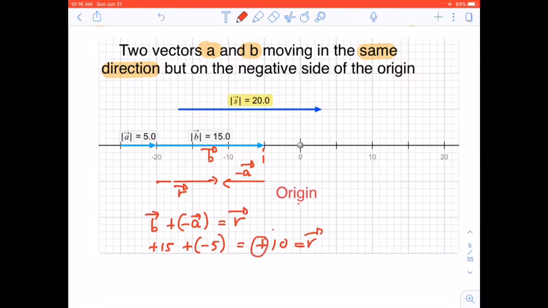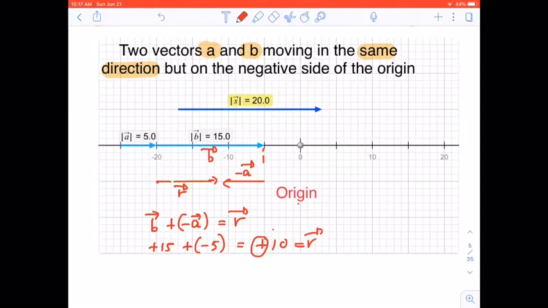It's in the positive direction. So the important point is if they are in opposite directions, moving in a straight line, we subtract the magnitudes.